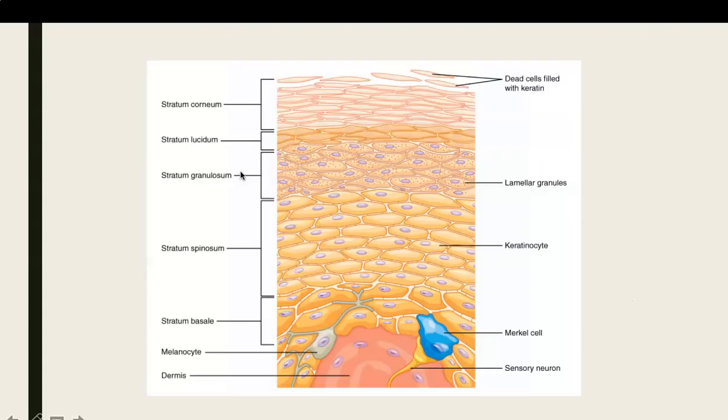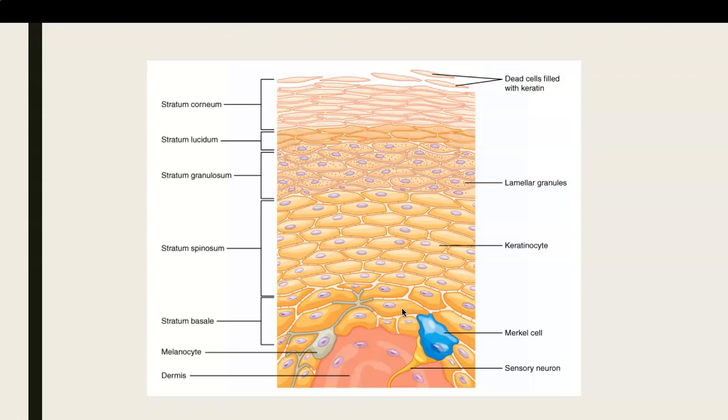So let's see how this works. What we're going to do is walk through quickly these layers and see how the epidermis actually functions. Let's begin down here in the stratum basale. Although this looks like there might be 2 or 3 layers, in fact, the stratum basale, which are these dark gold cells here, really would be just a single layer of cells thick.